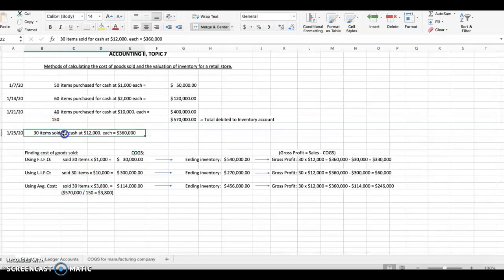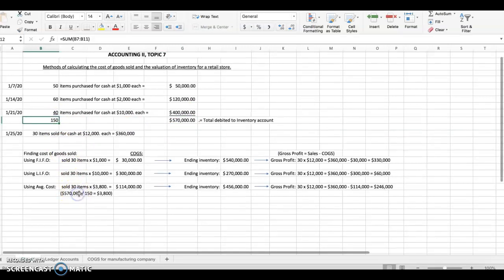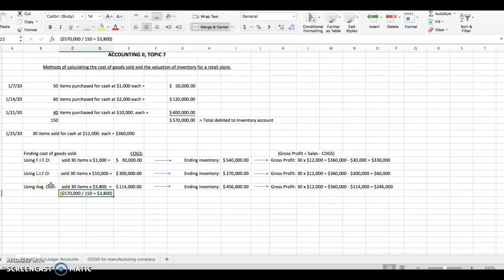We still sold 30 items for $12,000 each, and the average of the cost of goods sold is figured by taking the total amount of all the things we bought, divided by that number of 150 items, and if we divide that, we will get an average cost from January 7 through January 21 of $3,800. Multiply that out, those 30 items cost us on average a total of $114,000.